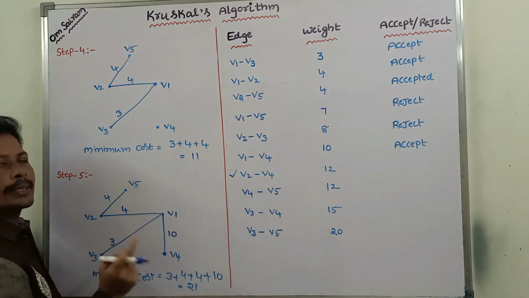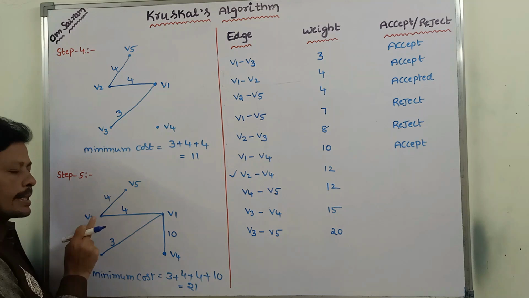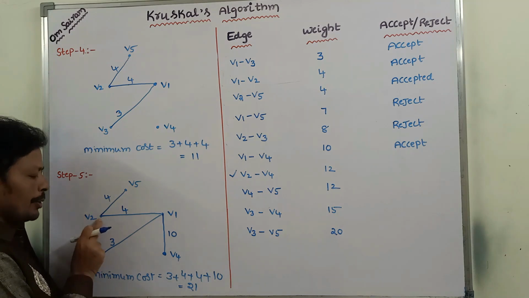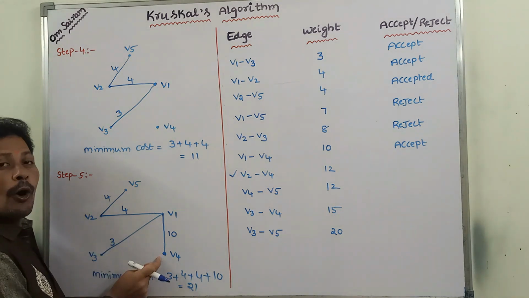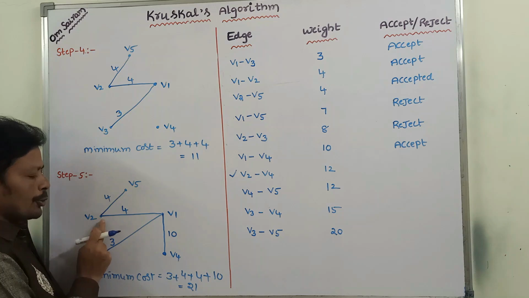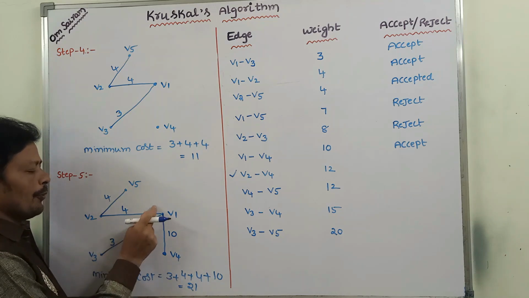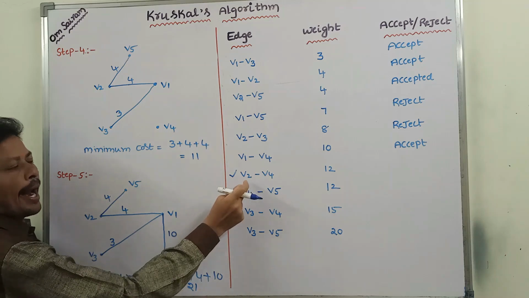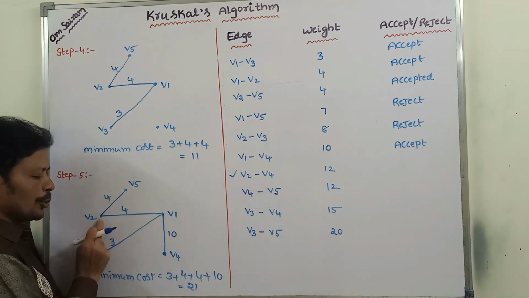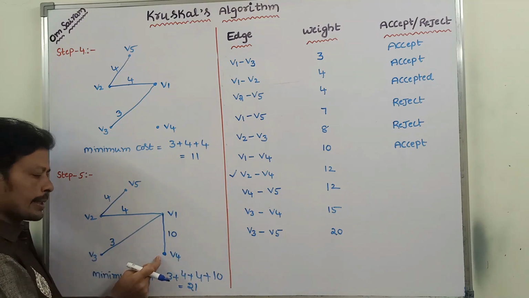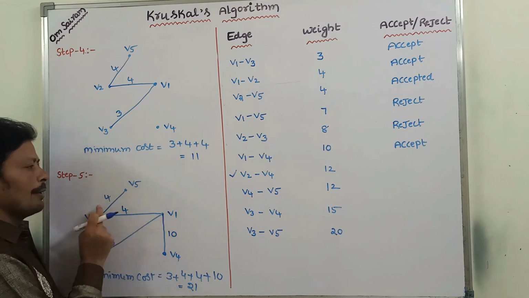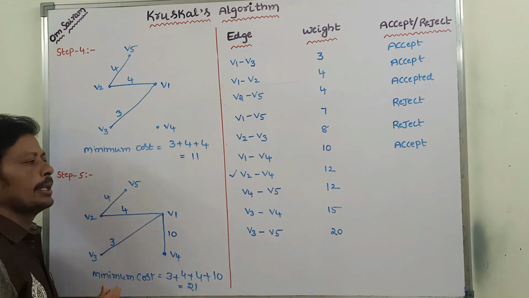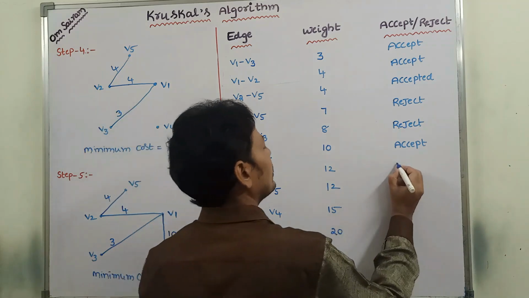After adding this edge into the existing spanning tree, it forms a cycle: V2 to V4, V4 to V1, V1 to V2. So this edge is rejected.